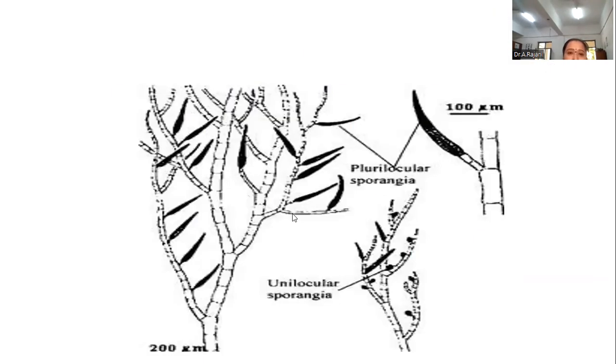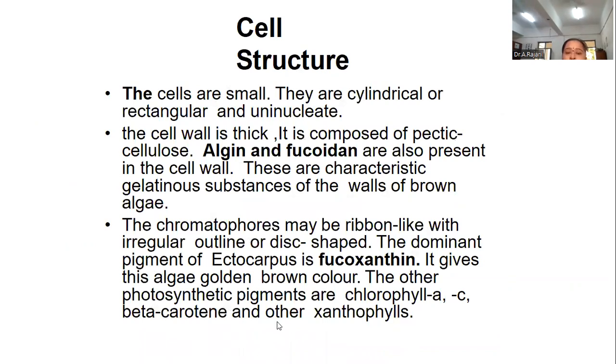Next, the structure of the plant body. The thallus is made up of many small cells, cylindrical, rectangular, uninucleate. Cellulose is common in cell walls, but here the cell wall is made up of alginic acid and fucoidin.